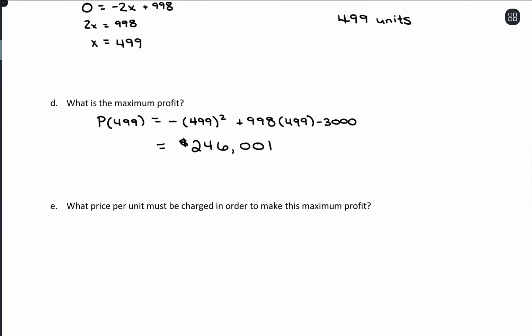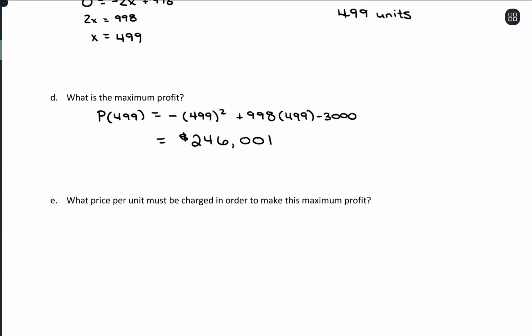All right, and then our last piece here is what price per unit must be charged in order to make this maximum profit. So we're focusing on those 499 units still because that's what maximizes profit. But if we're evaluating the price per unit, we're going to go back to that price function from the beginning.